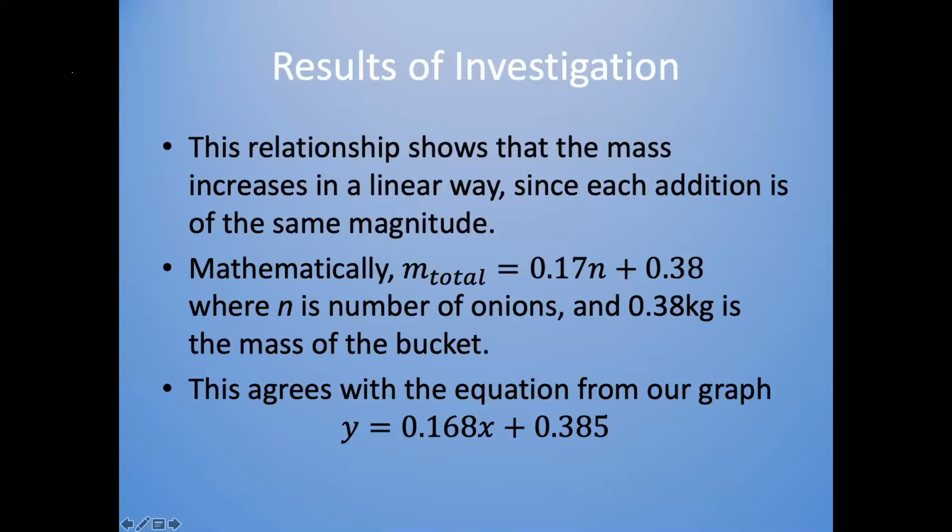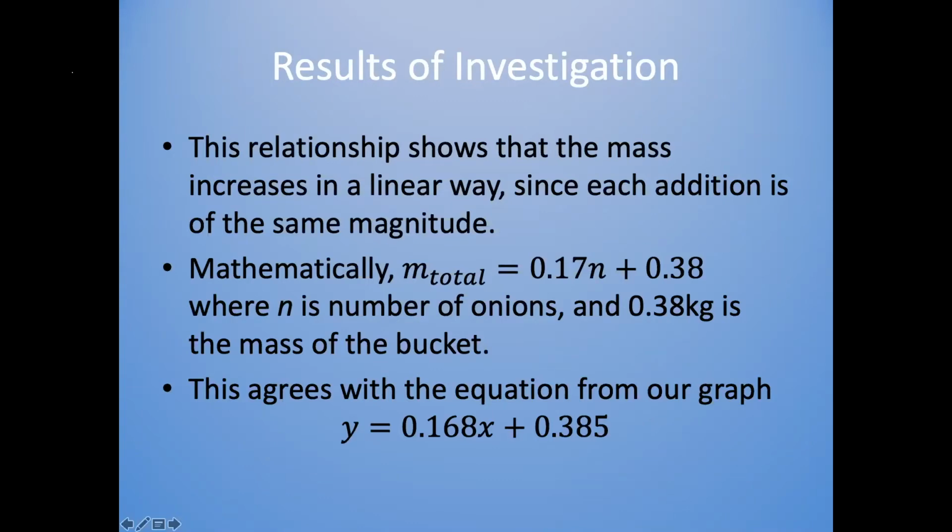Mathematically, our model is that the total mass is equal to 0.17 times n, the number of onions, plus 0.38. The 0.17 is our mass of an average onion, and that 0.38 is the mass of the bucket in kilograms. And this agrees really well with the equation from Logger Pro, which said that it should be 0.168x plus 0.385.